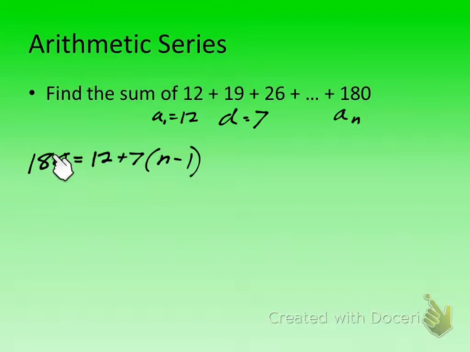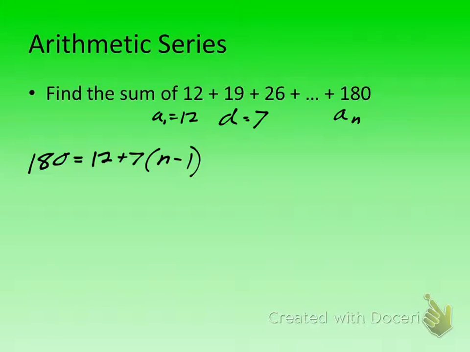See, we know what the term is itself. We just don't know what place it is. We don't know if it's in 8th place, 10th place, 27,000th place. So that's what we're trying to find: what place in the sequence, in line, is 180. Because you need to know that.